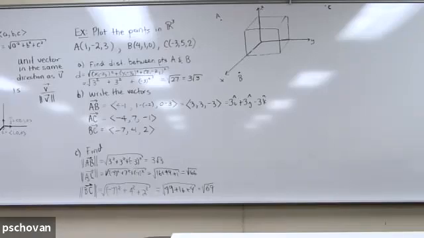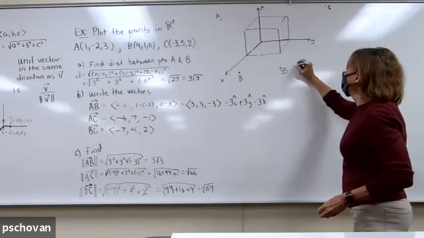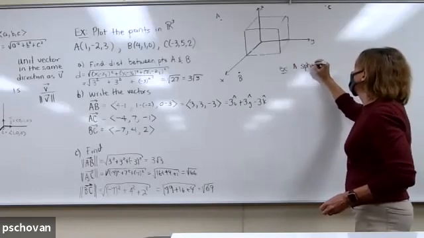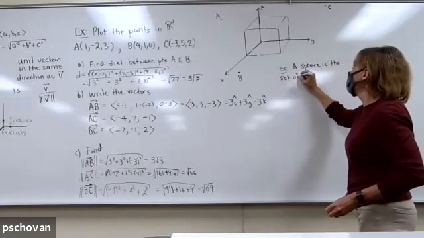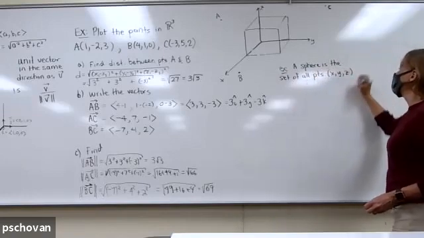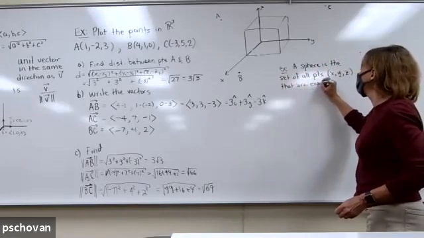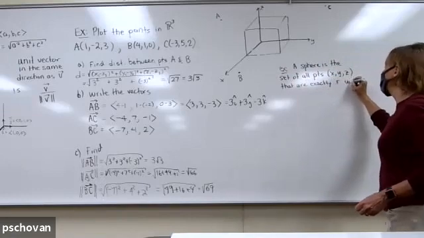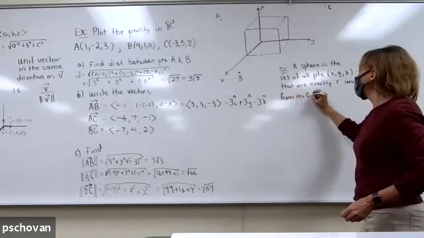So let's take a minute and back off of vectors and go to some coordinate geometry. A sphere is the set of all points x, y, z that are exactly r units from its center.